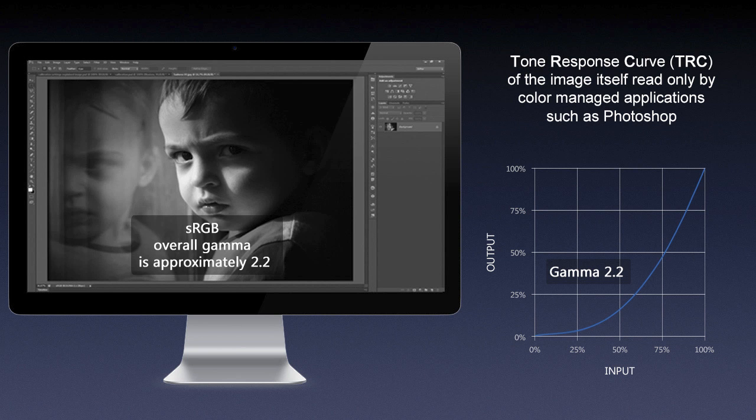So for the rest of this video we'll pretend that sRGB images are gamma 2.2, a tone response curve easy enough to be described by gamma 2.2. This is just for simplicity reasons. For purists out there, it might present a problem, that's why I'm giving a disclaimer. We're going to pretend it's 2.2. It's very close to it.